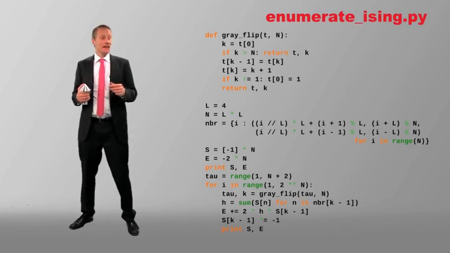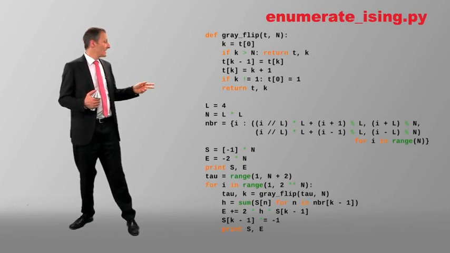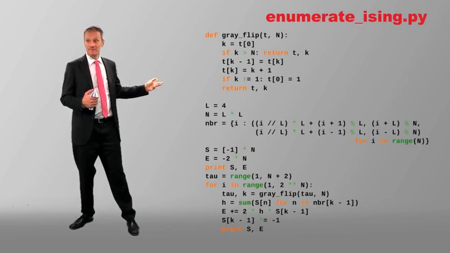For small systems, we can enumerate all configurations explicitly. And a nice little algorithm implementing Gray code enumeration is shown here.